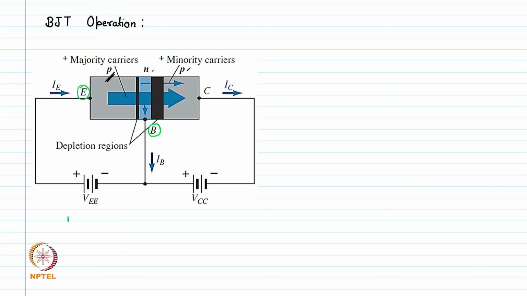Here we apply the voltage in such a way that the emitter base junction is forward biased, and the second biasing, which is between the base and the collector junction, is reverse biased.